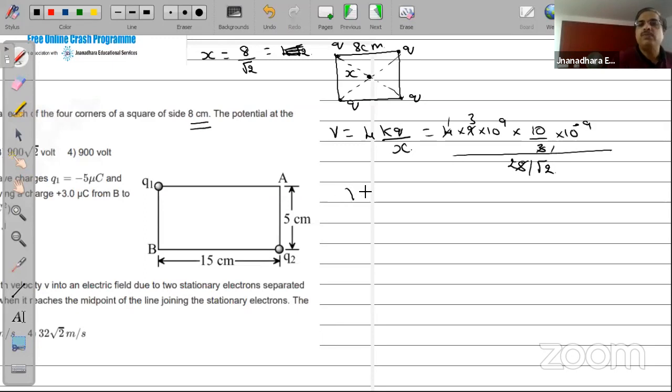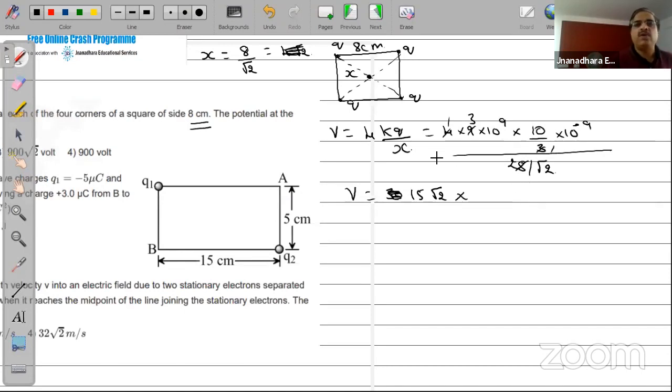So I get this V to be 30. There is a 2 here, so this will be 30 by 2, which is 15 root 2, into 10 to the power minus 9, which cancels off.